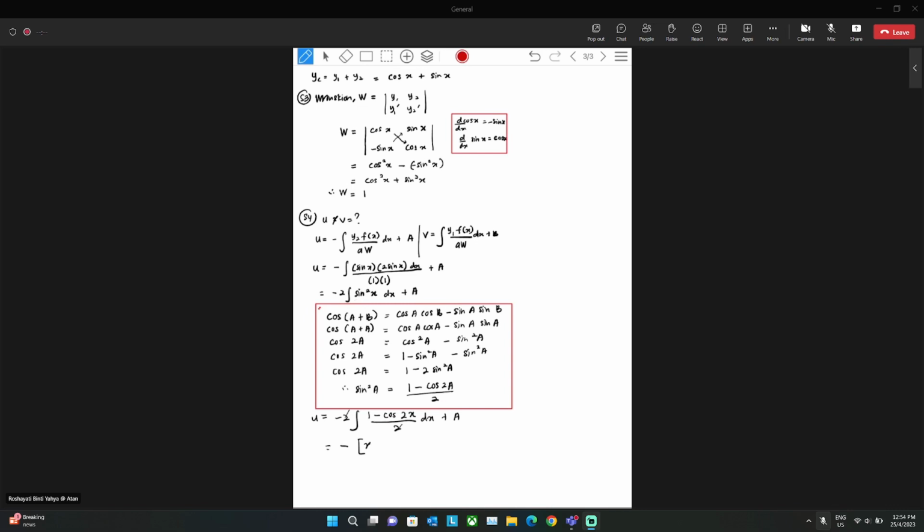Integrate cos, you will get sine 2x over 2, plus a. And then finally you get negative x plus sine 2x over 2 plus a. This is for you.